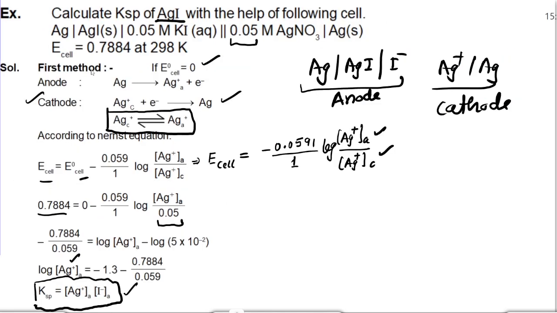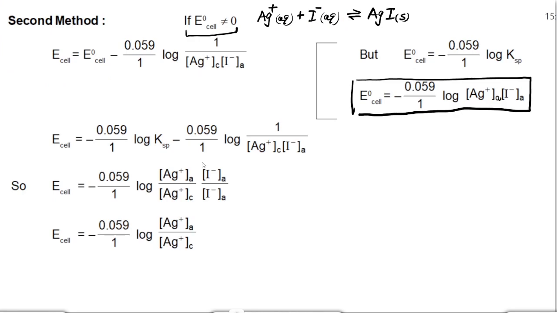E cell is E naught cell minus 0.059 upon 1 log of Ag plus anode divided by Ag plus cathode. Here the reaction is Ag plus I negative to give AgI solid.